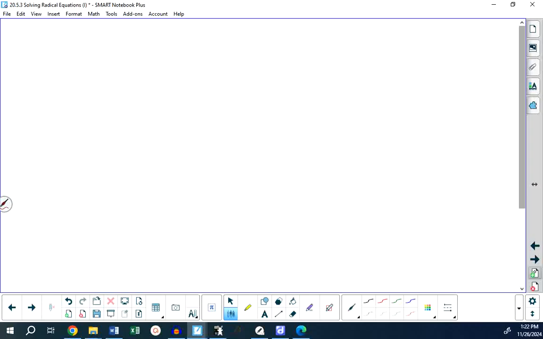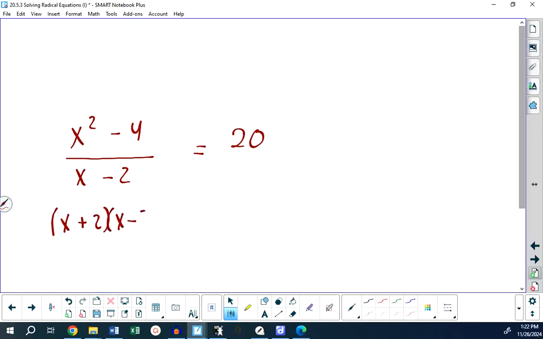I'll give you another quick example. If I give you the following equation, and admittedly this is not a radical equation, it's what we call a rational equation, and you do the following. You say, well, x squared minus 4 is x plus 2 times x minus 2. Oh, well, Mr. Way said, and he's correct, that you can cancel factors that are common on the top and the bottom.